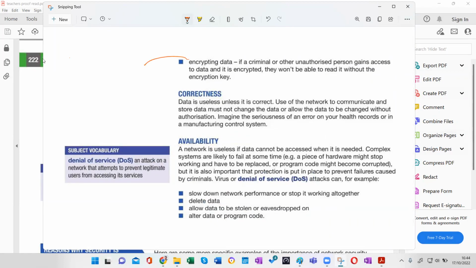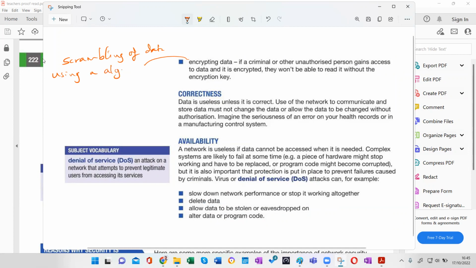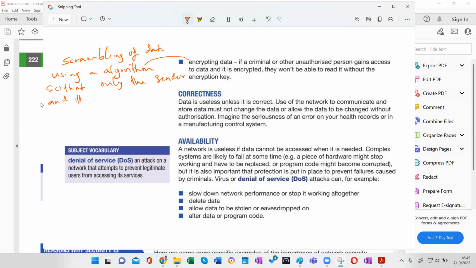Encryption is scrambling of data using a code or an algorithm so that only the sender and the recipient can read.